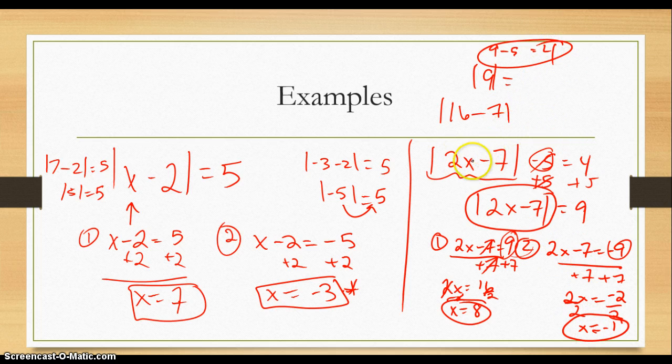Now plug in negative 1. Negative 1 times 2 is negative 2. Negative 2 minus 7 is negative 9. The absolute value of negative 9 is 9. 9 minus 5 equals 4. So I checked both of mine. They both work out.